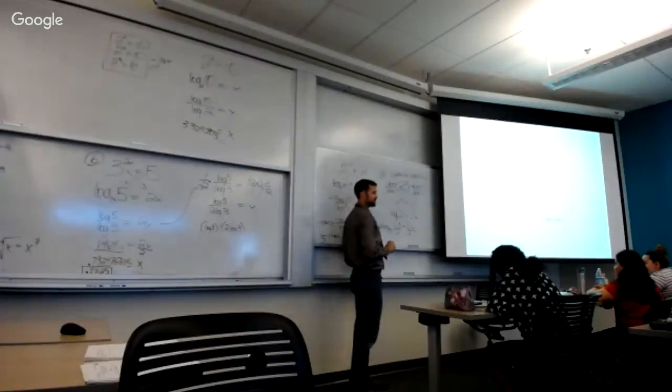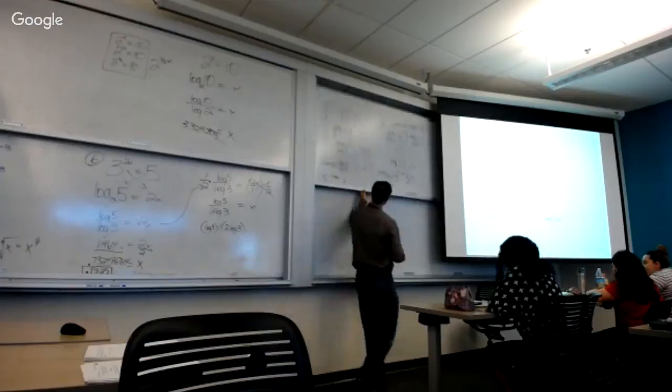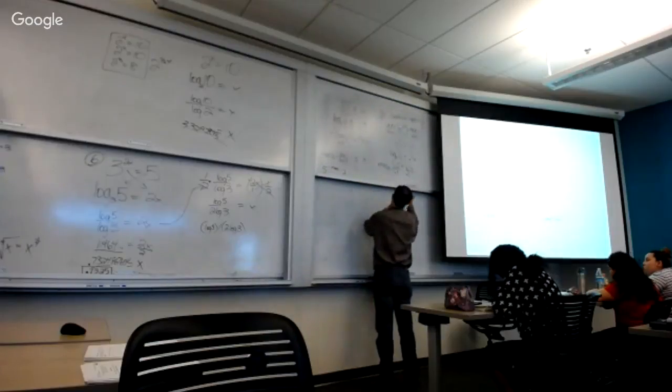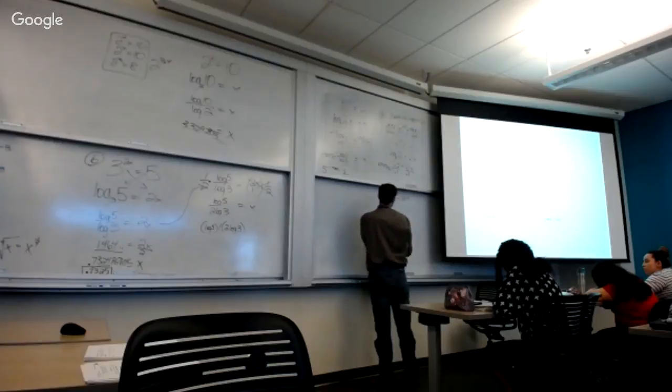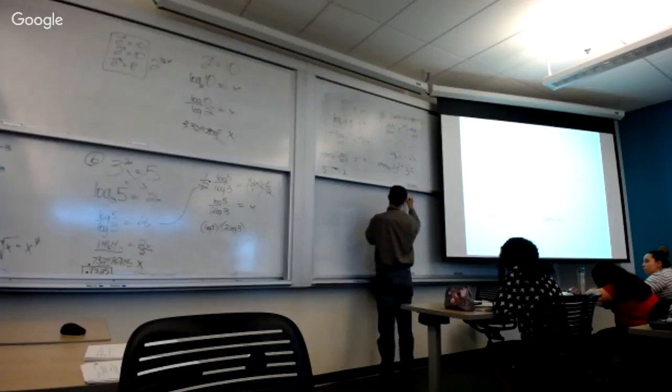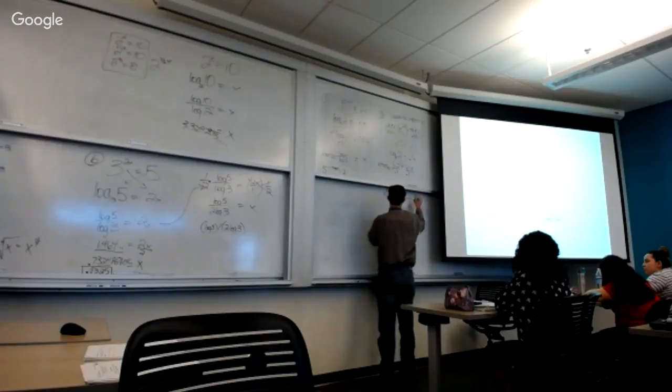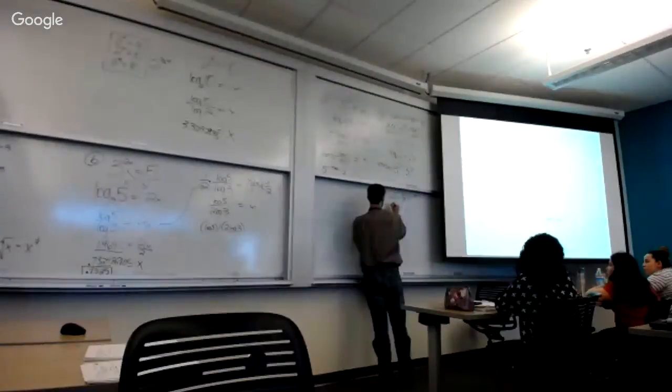Or, everybody, I just want you to be flexible in your thinking. How could I rewrite 0.1? What fraction is 0.1? Yeah, it's a tenth. So instead of 0.1, I can write a tenth, and then how do I get rid of the tenth? Multiply by 10. And I think that answer is even a little more elegant: 10 natural log 2.